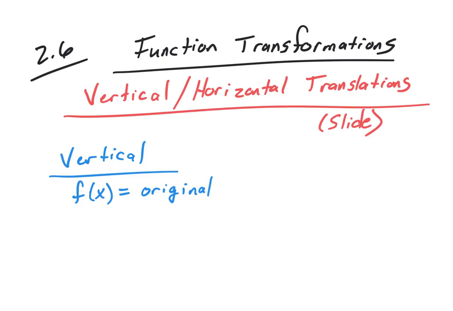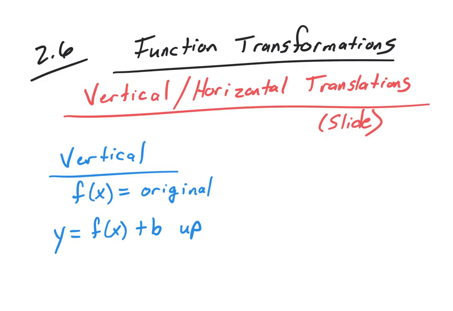Okay? And there's 2 things that we're going to pay attention to that makes this graph, whatever it is, move up and down, because vertical movement is up and down movement. If we add something to the end, that means it's going to make the graph move up. So if I put a +3 after the function, it's going to move that graph up 3.